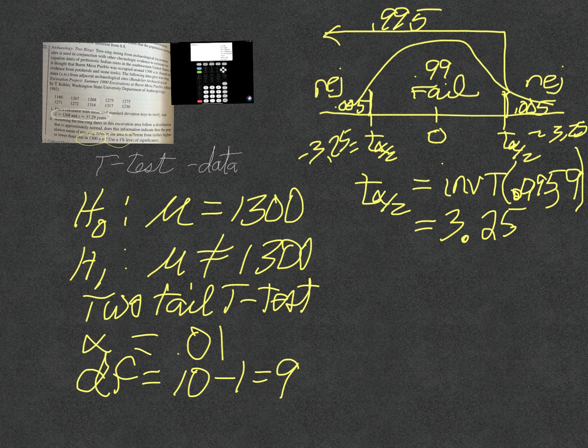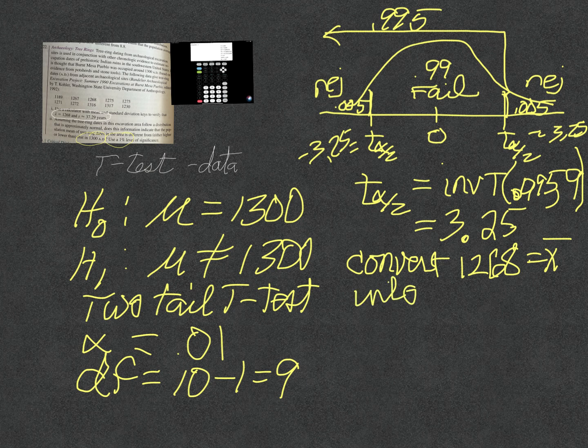All right, and now what we need to do is convert our sample mean, which was 1268, equal to x bar, into a t-score, just like we would do a z-score. So into a t-score. And so how do we do that?